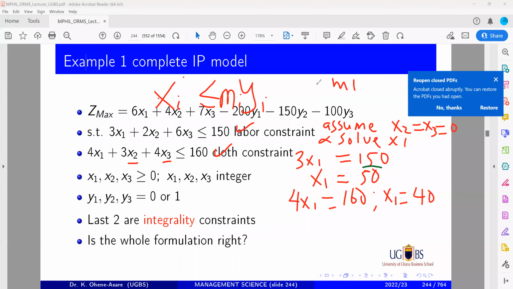One of them is 50, one of them is 40. Which one should you take? I'm going to give you a rule, but you should also find out why I'm giving you that rule. You should always take the smaller value. Whenever you are looking for this M1 and you get two, three or four values, always select the smaller value. And so between the 50 and the 40, the M1 will be the 40.